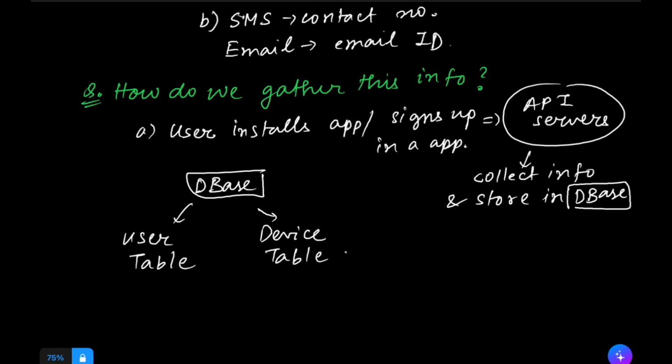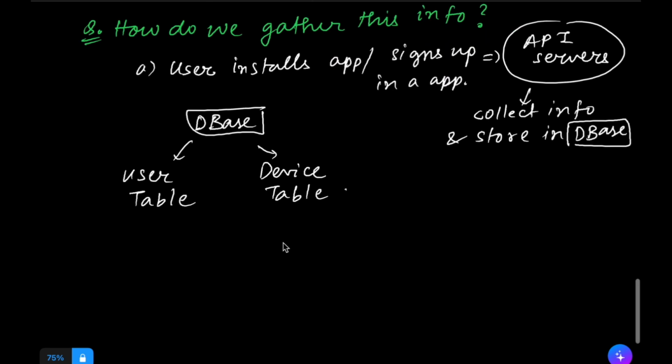So we need a device ID for each device to send the mobile push notification to all the devices of that user. It is beneficial to store the data in two different tables, with a one-to-many relationship between them. For a particular user there can be multiple devices. This is how we gather the information and store it in a database.